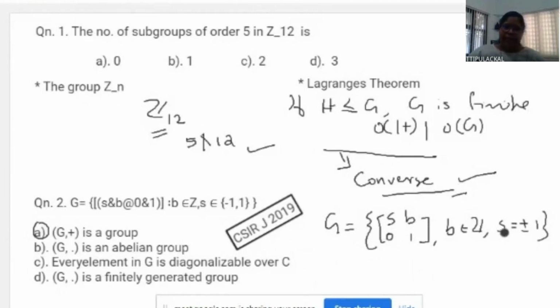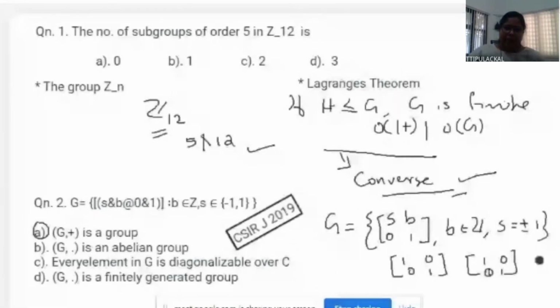Since s is plus or minus 1, if we have a matrix with s = 1 and b something else, whatever b is, and this is a member of G, and if we add that member to itself, its first entry will be 2. So this cannot be a member of the group. It will not take much time to see that the set is not closed under addition.